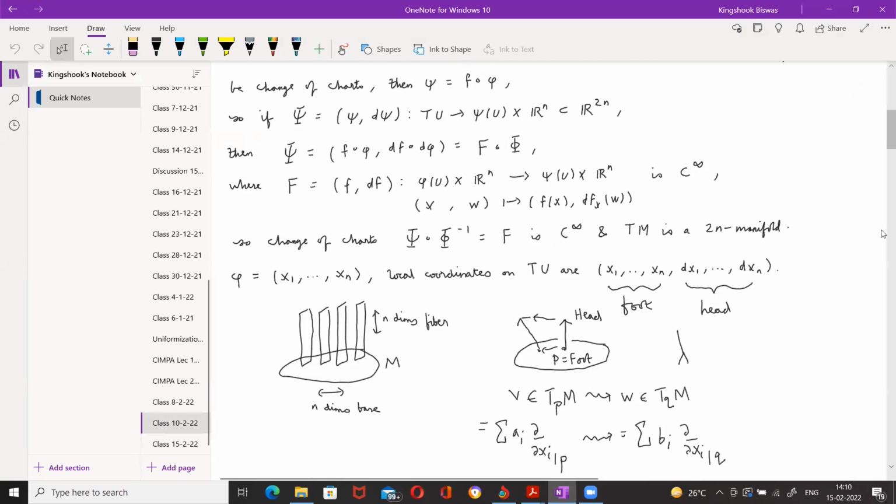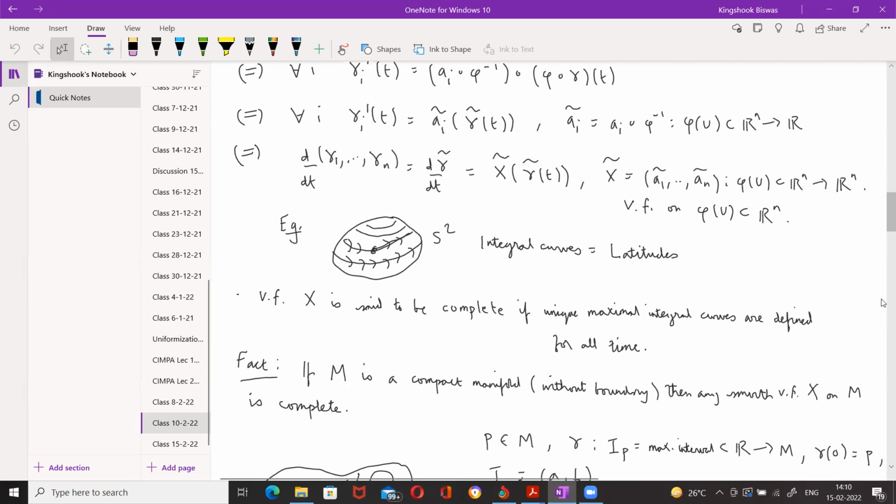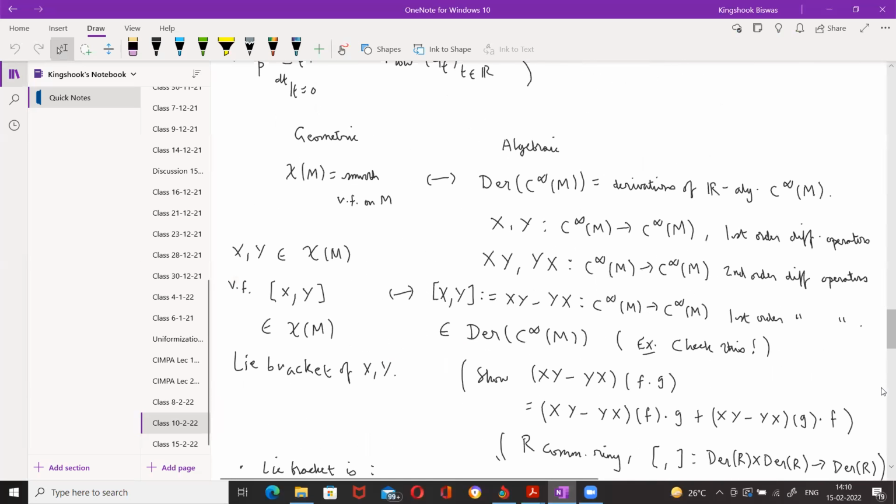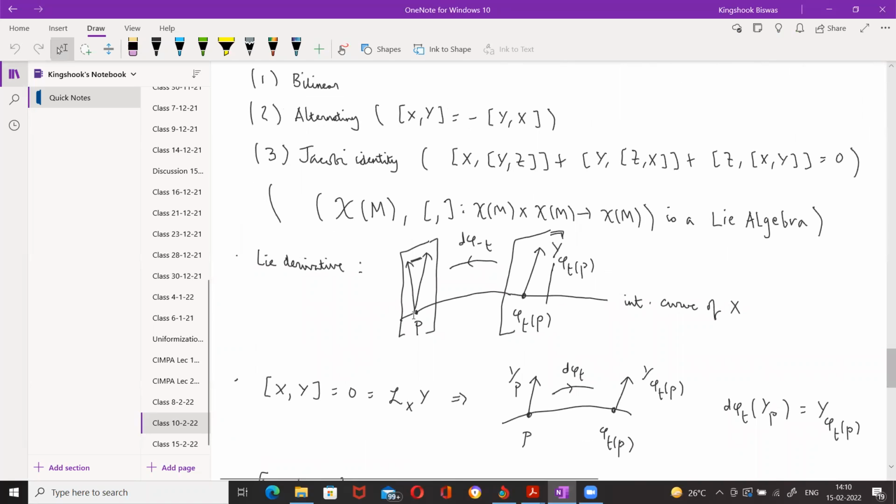You have two vector fields, x and y, and what you do is you look at a point P, you look at the integral curve of x passing through P, and then you look at the values of y at points along the integral curve. So you look at y at phi t of P, and the tangent spaces at P and at phi t of P are different vector spaces, right?